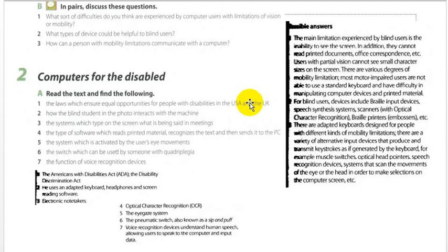There are adapted keyboards designed for people with different kinds of mobility limitation. There are a variety of alternative input devices that produce and transmit keystrokes as if generated by the keyboard.